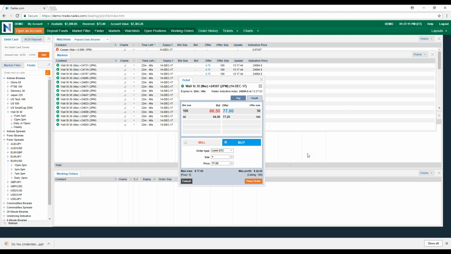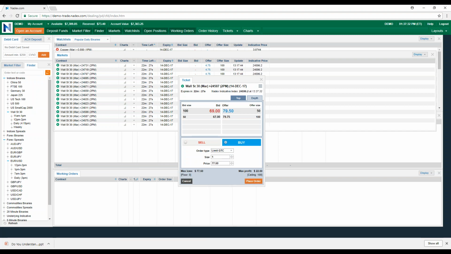Oh man, your heart starts beating, doesn't it? What does your eye immediately go to? Max loss 77.50, right? Why do you do that when you see that max loss number with a binary?